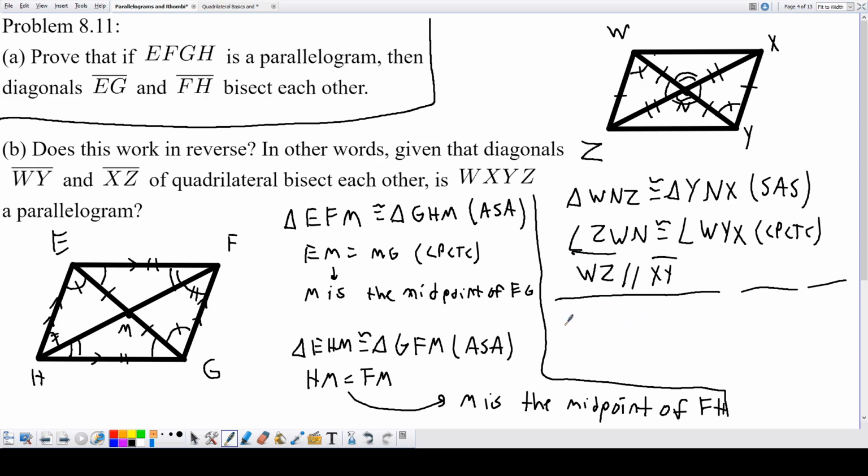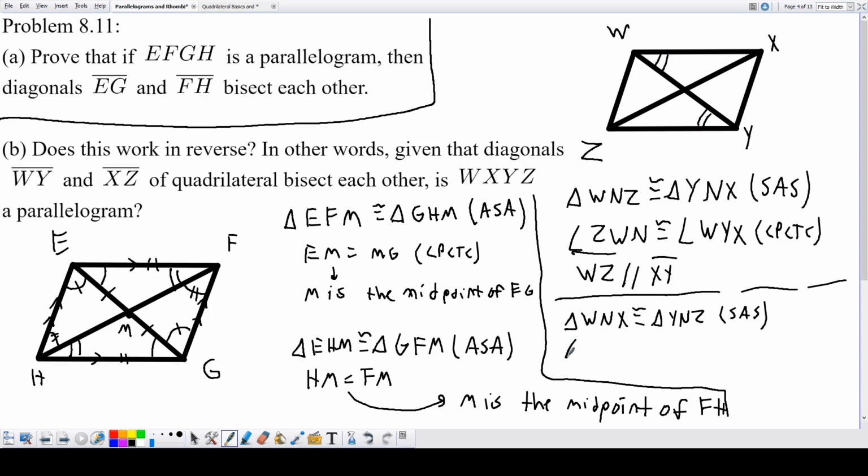Alright, so the next part would be just to show that triangle WNX is congruent to triangle YNZ. Again, side angle side. And eventually that would show us that we have congruent angles. Our diagram's a little messy, so I'll clear some of it up. That would show us we have congruent angles here and here.